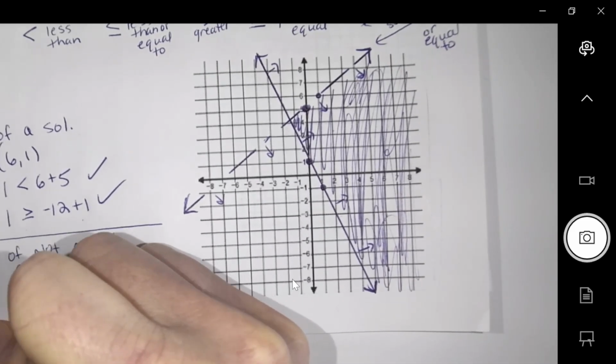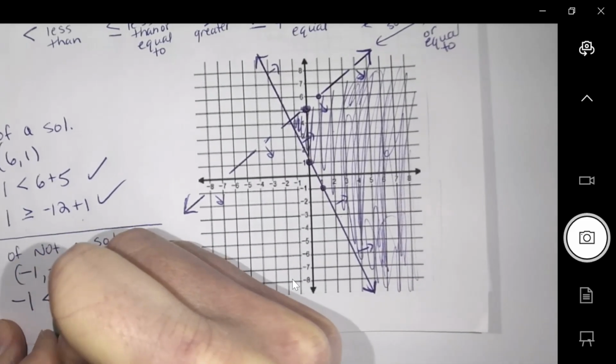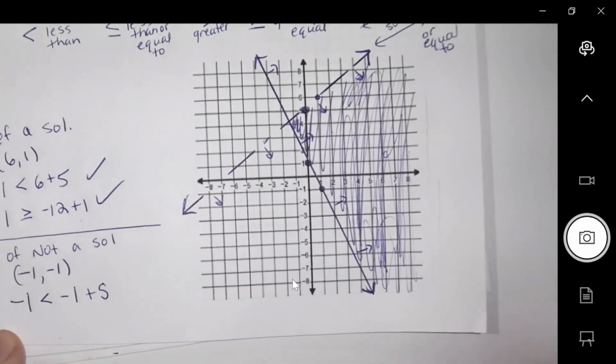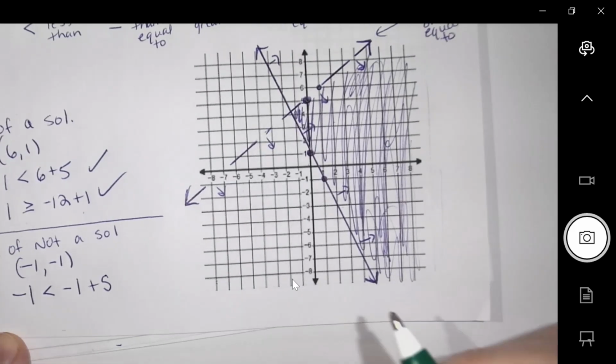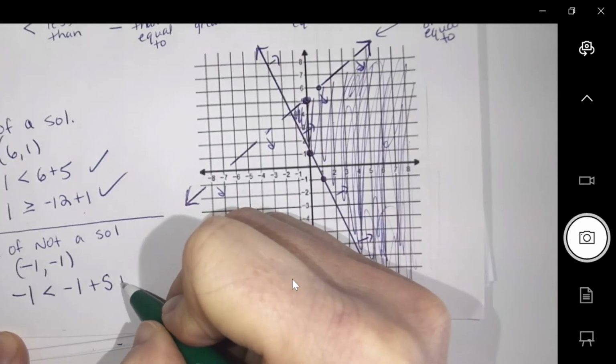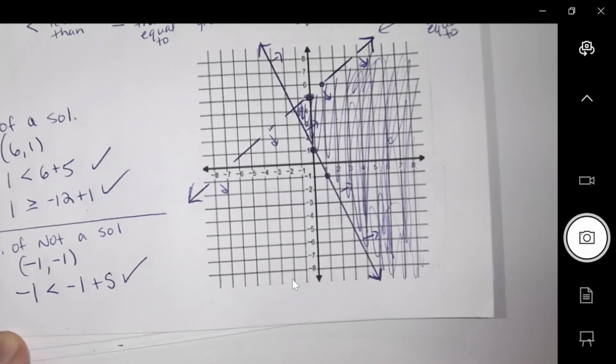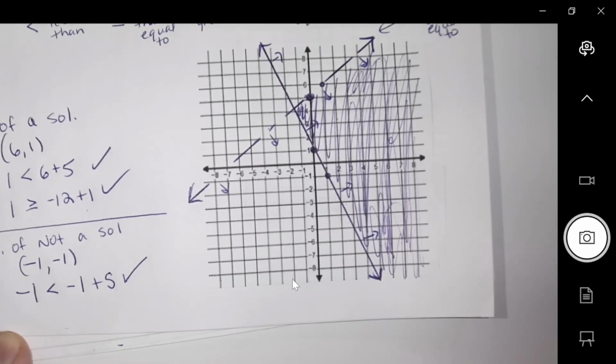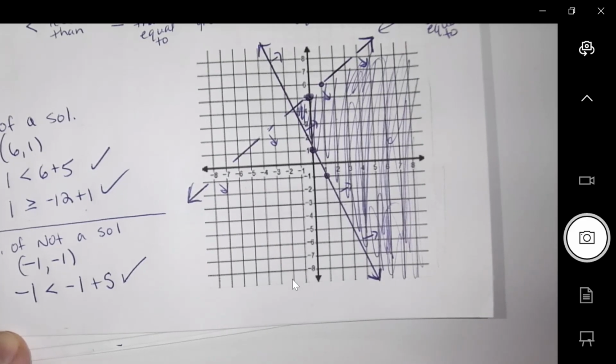Is -1 less than -1 plus 5? Yes, that's true. -1 is less than 4, right?